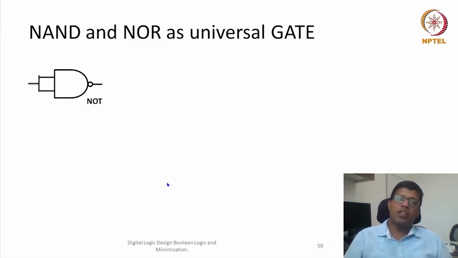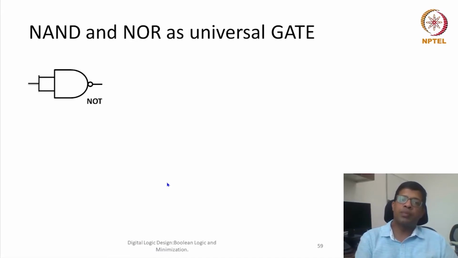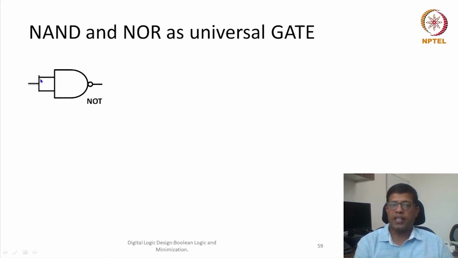So first of all, if I tie both the inputs of my NAND gate, then if we see the truth table, it would behave like a NOT gate. This is the basic property.